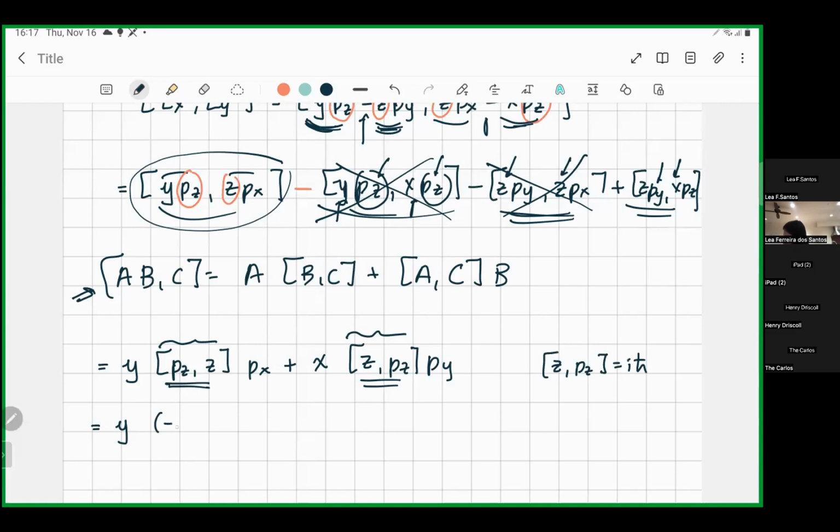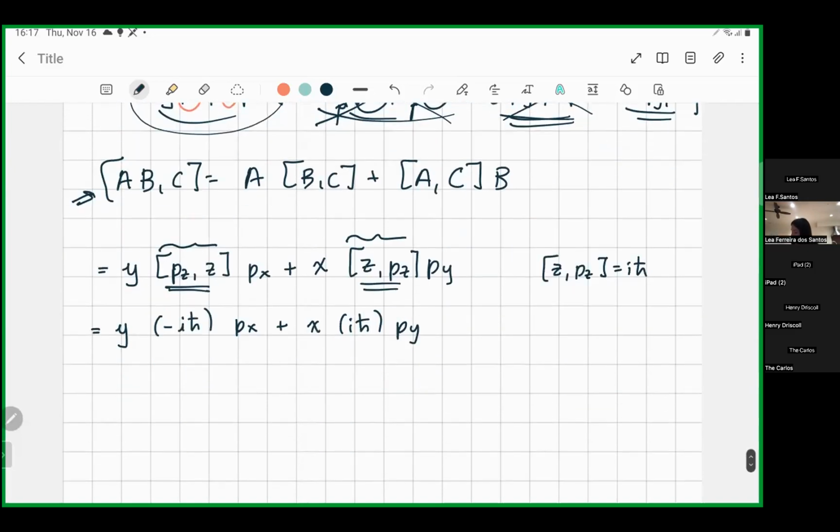So minus iħ Px plus x iħ Py. So that means we have iħ of, I'm going to write this term first, x Py minus this term, minus y Px.